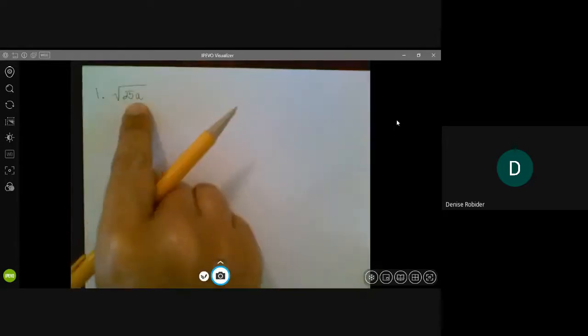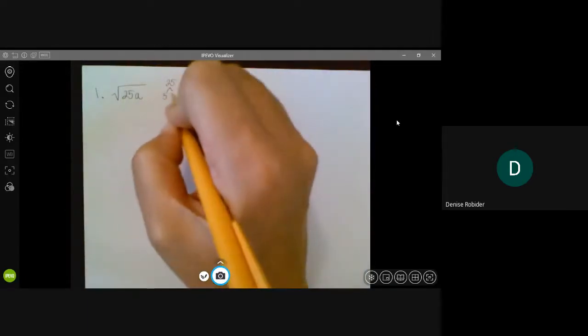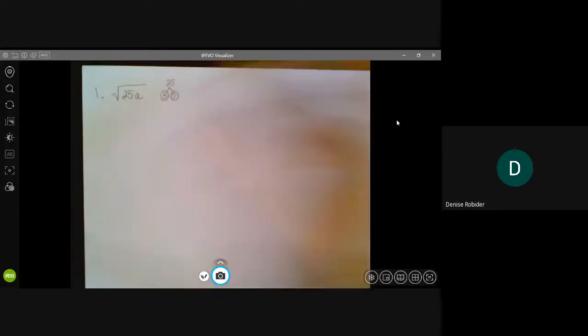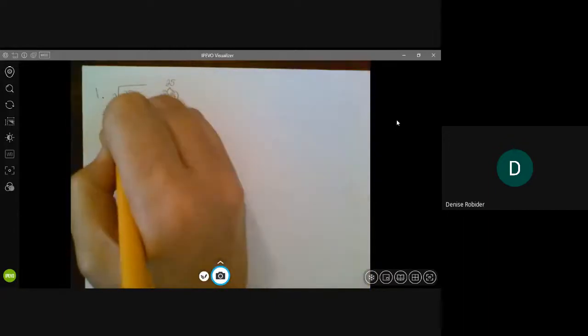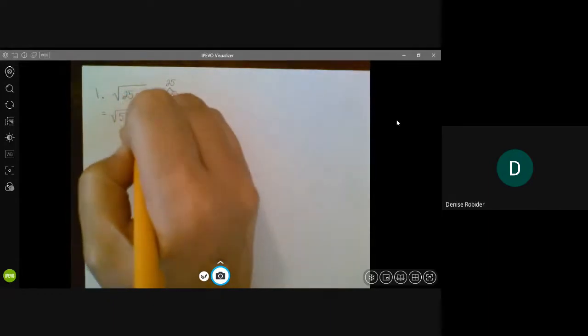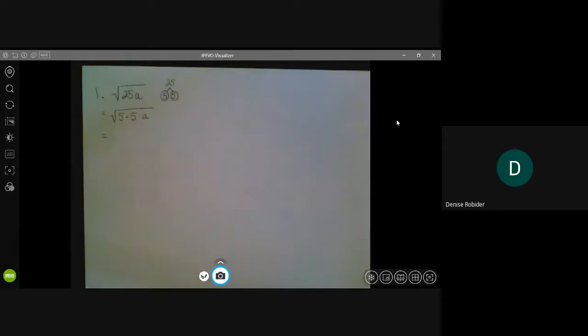I'm not going to mess with the variables so much as I am with the coefficient. So if I make a factor tree for 25, I know that 25 is 5 times 5. So I'm going to break this down into its prime factors. We get 5 times 5 times a. Here's how square root works.